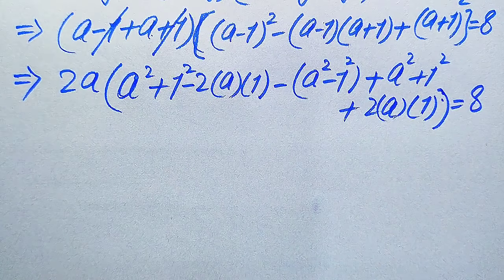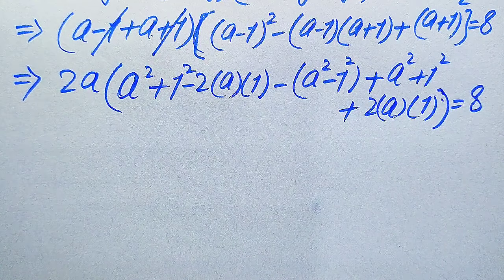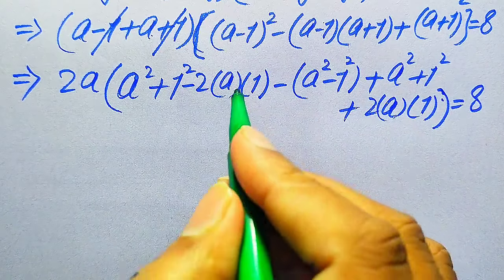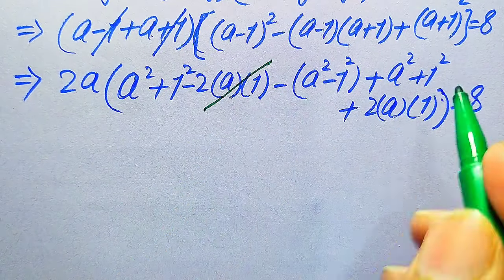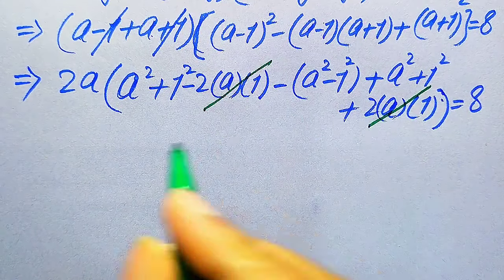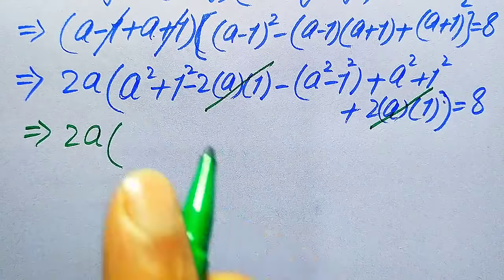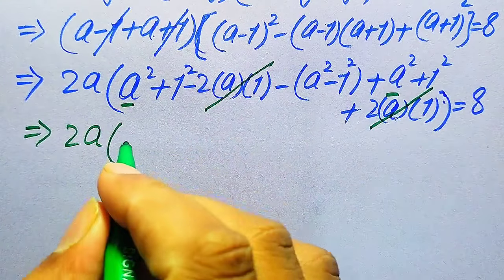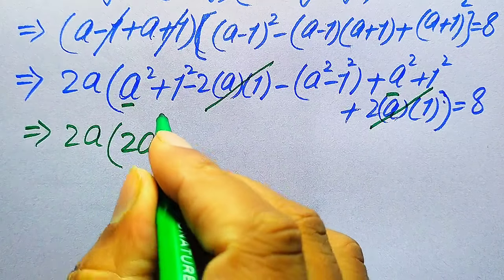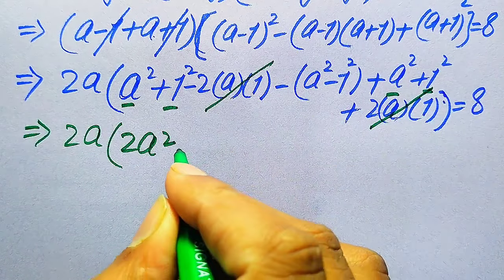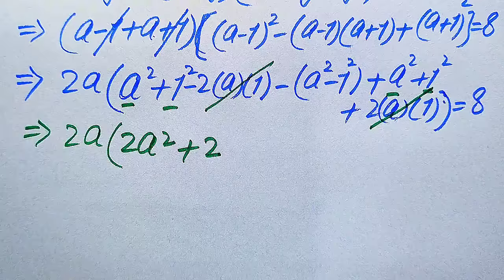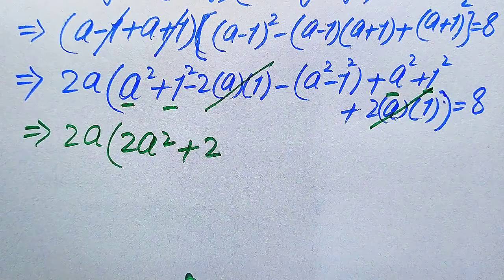So here we need more simplifications. You see that this −2a·1 is cancelled out by this +2a·1, and here we get 2a. Here we have a² + a² becomes 2a². This 1² + 1² becomes 2, because 1² equals 1 and 1 + 1 becomes 2.